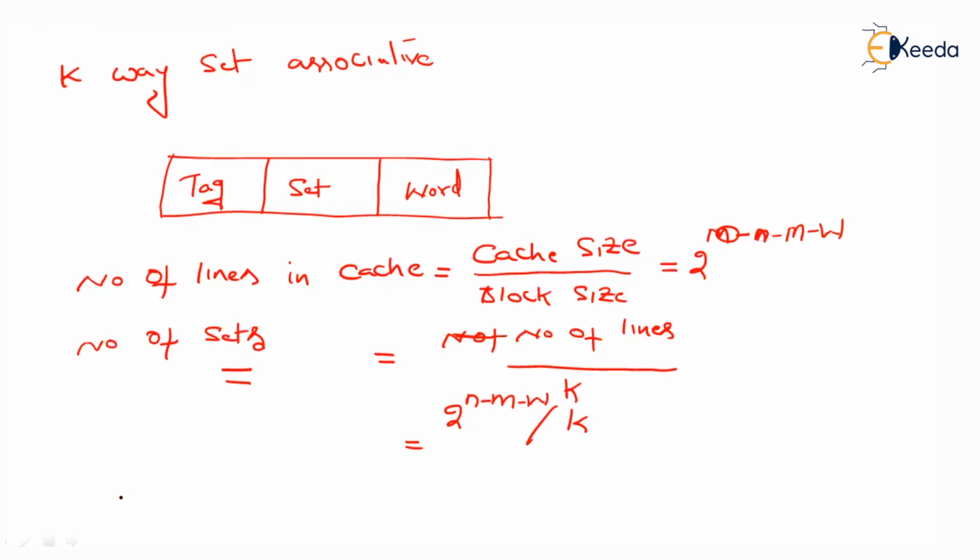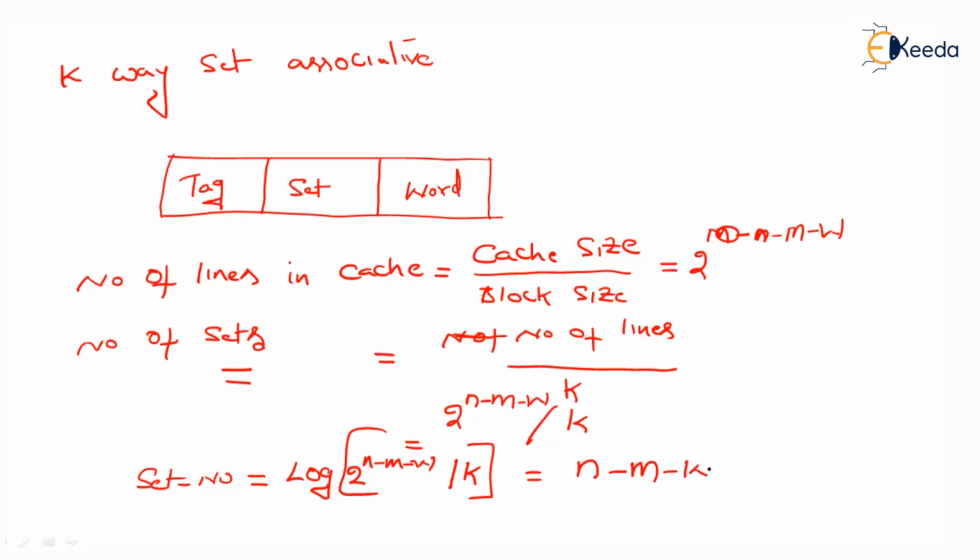So the set number bits will be equal to log 2 of (2 power n minus m minus w) by k, which is equal to n minus m minus w minus log k.